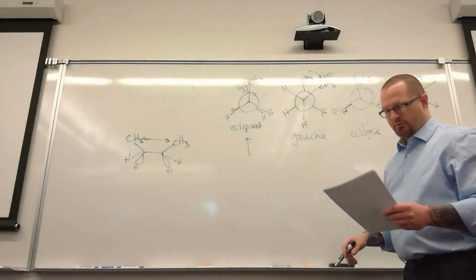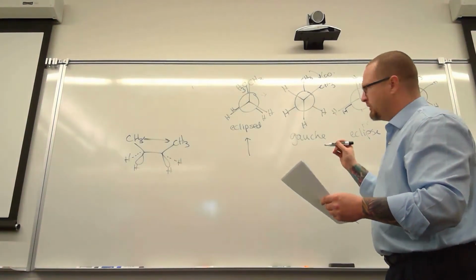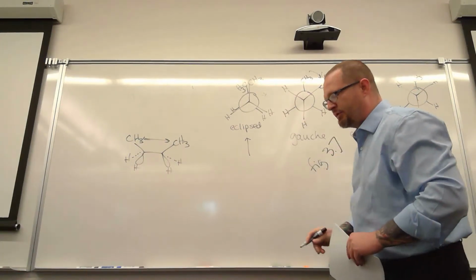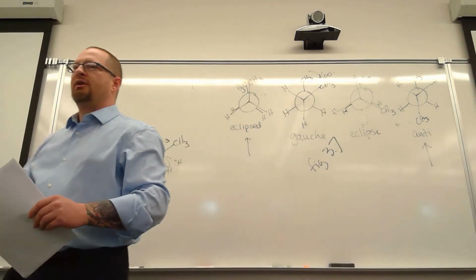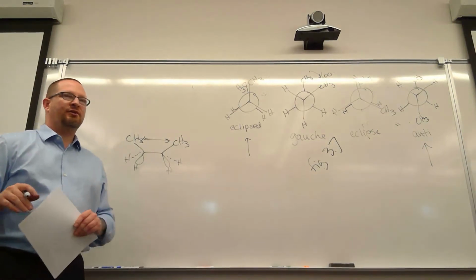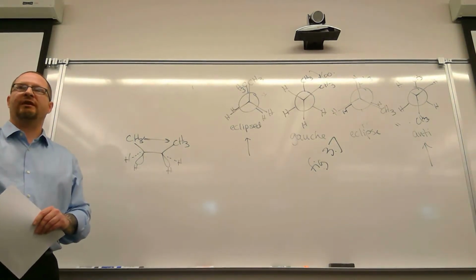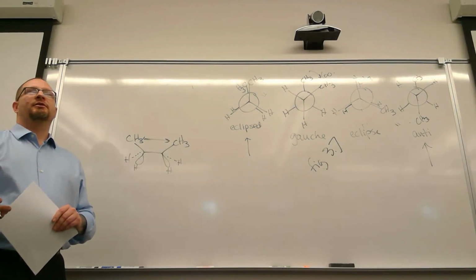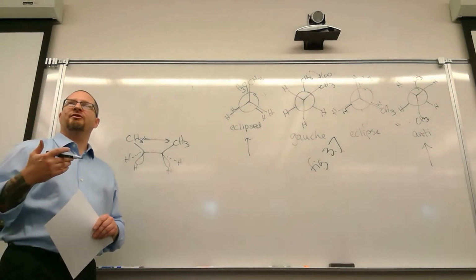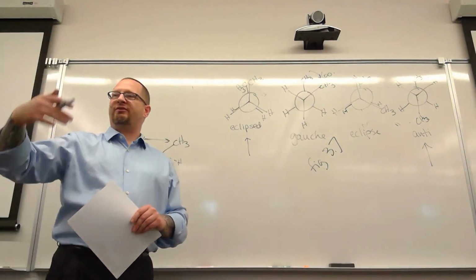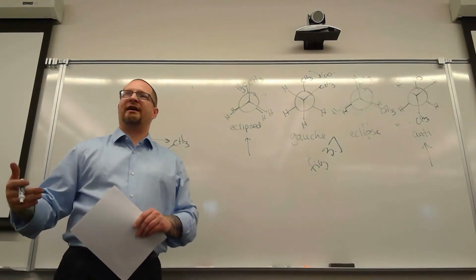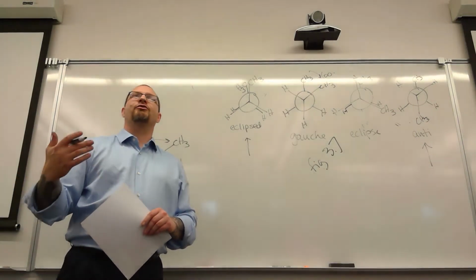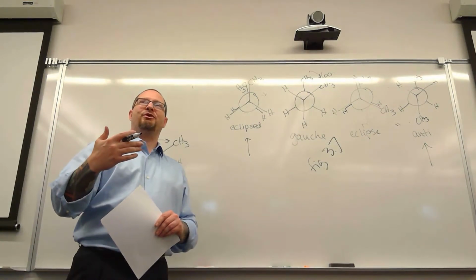And what I want you guys to do is look up figure 3.7, and it'll give you a really nice oscillating curve, which will be better drawn than what I can do on the board, and it'll show you those relative energy levels. Not uncommon to be given a question where you see this energy versus position curve and are asked to locate what position is gauche, what position is anti, etc. So you probably want to pay attention to that particular figure.